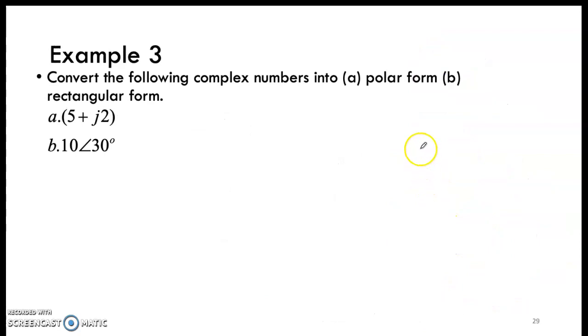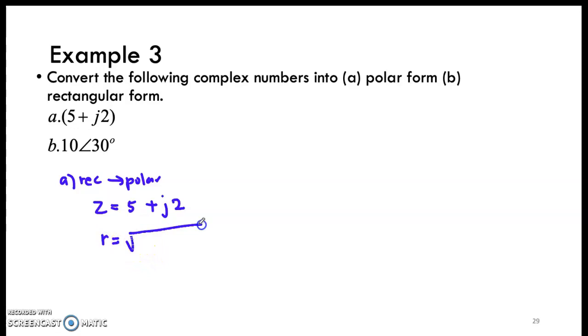Let's see one example. First, identify the form: part A is rectangular form and you need to change it to polar. So z equals 5 plus j2. First you need to find r. r is by Pythagoras, the square root of 5 squared plus 2 squared. Then you need to find theta, which is tangent inverse of y over x. What is y? Here the real part is 5, x, and the imaginary part is 2, so y is 2.